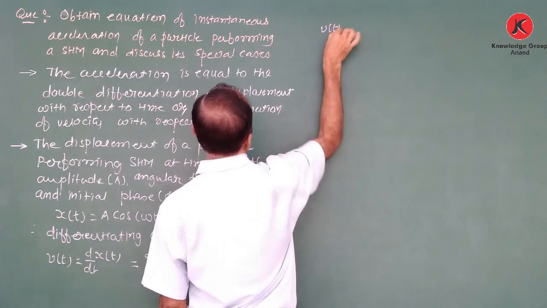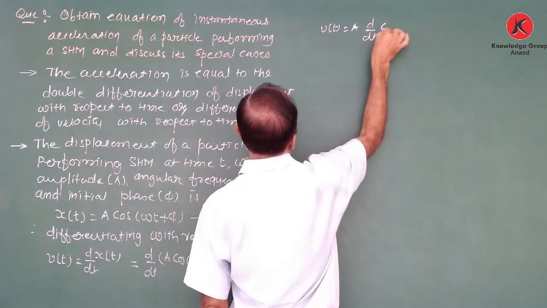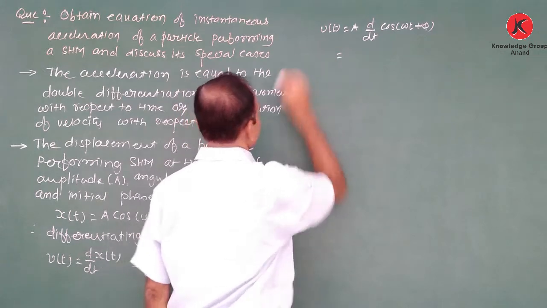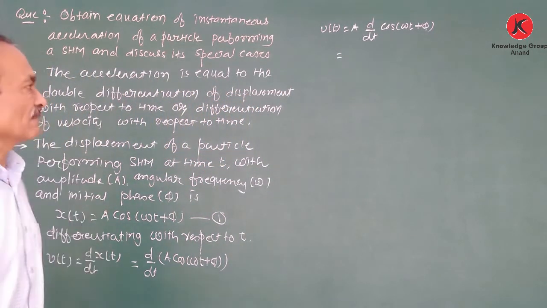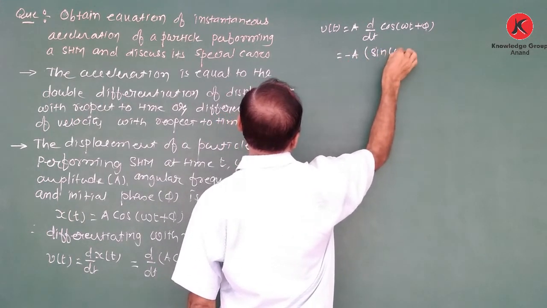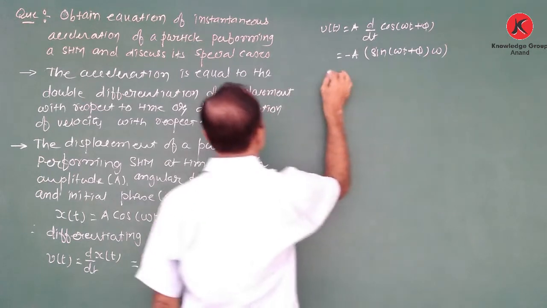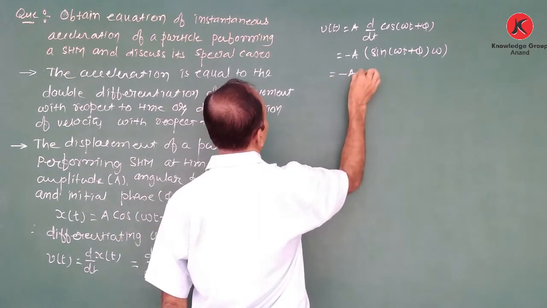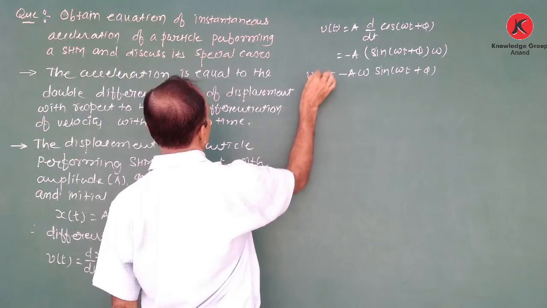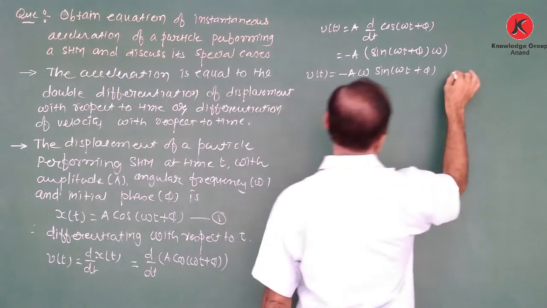Therefore, v(t) is equal to a d by dt of cos(omega t plus phi). Just as we discussed, the derivative of cosine with respect to time has a minus sign. Therefore, minus a into sine(omega t plus phi), and the derivative of this bracket is also omega. Therefore, v(t) is equal to minus a omega sine(omega t plus phi). Clear?